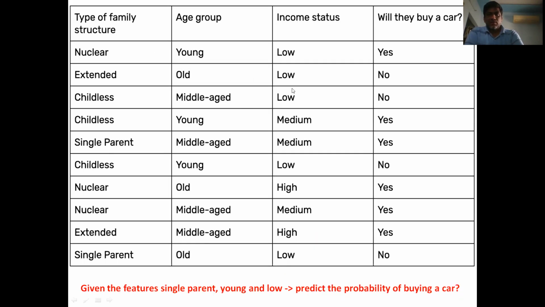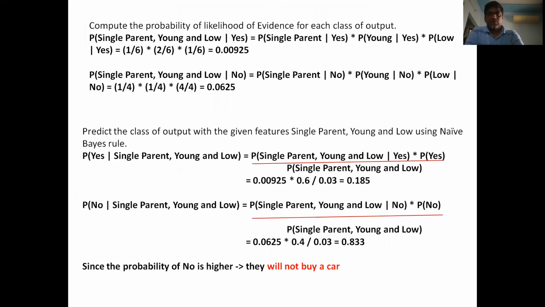You can see whenever no is there, it is always going to be low. 4 no's out of 4 no's. Okay. So it is 4 by 4. So together the value becomes 1 by 4 into 1 by 4 into 4 by 4. That gives us 0.0625.